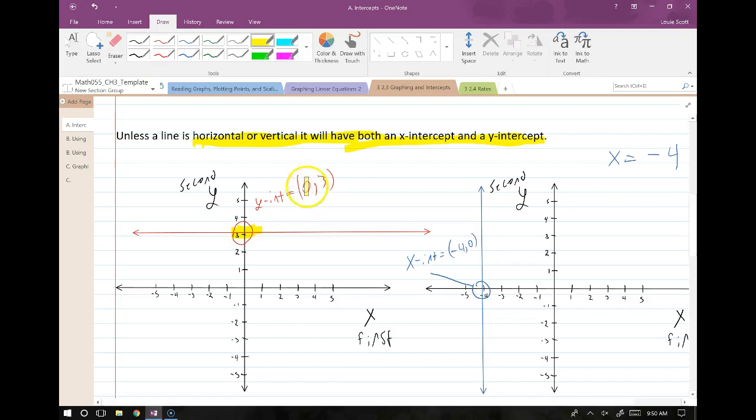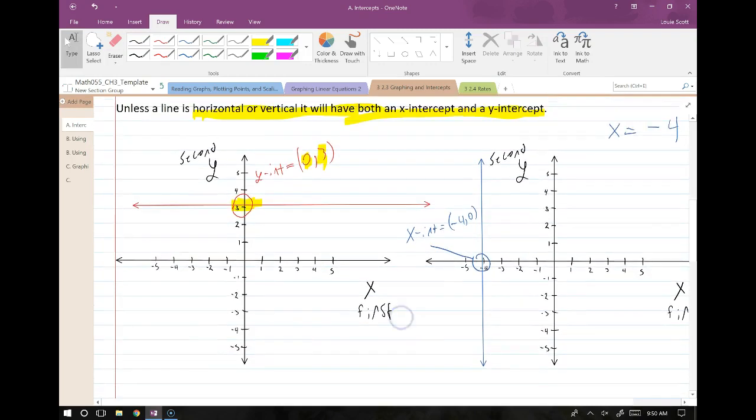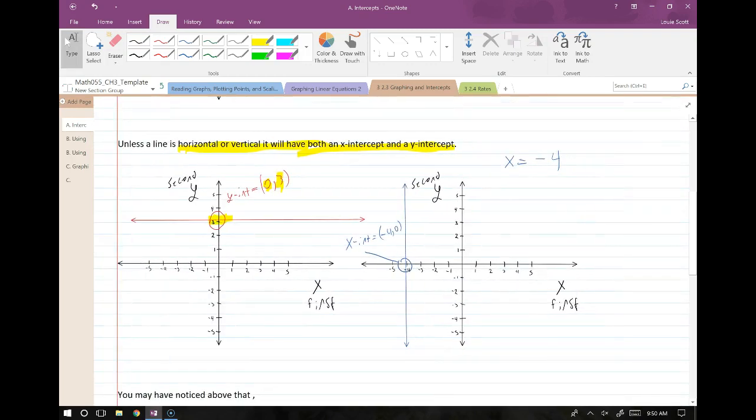The y-intercept for this is the point x equals 0 and y equals 3. Similarly, a vertical line like we have over here on the right side, this is the line corresponding to the equation x equals -4. A vertical line only has an x-intercept. You can see that x-intercept happens when x equals -4 and y equals 0.